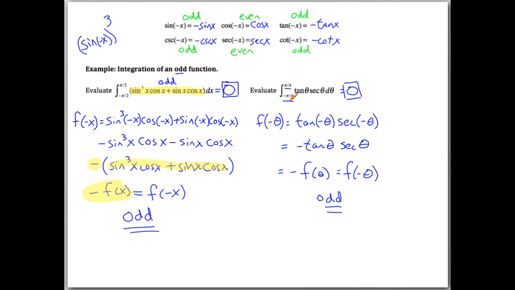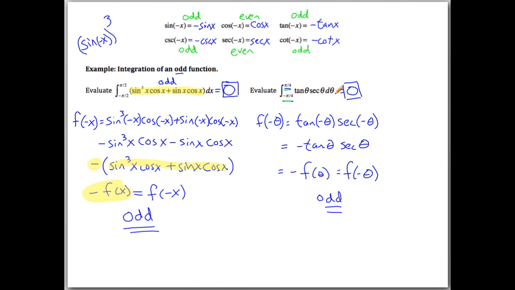Alright, welcome back. So the first thing you need to notice is that our limits of integration go from negative pi over 4 to positive pi over 4. So it benefits us to see if this is an odd or even function here. So we're going to substitute negative theta into our function. So we get tan of negative theta, secant of negative theta.